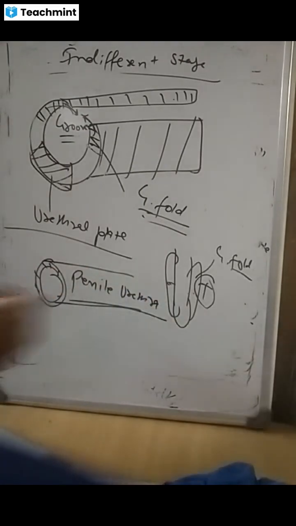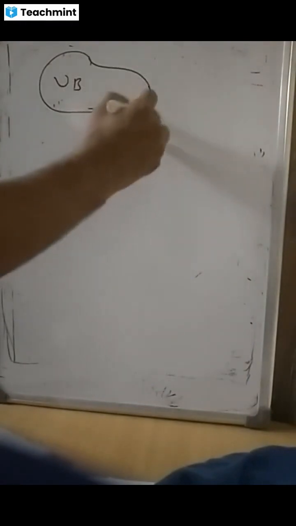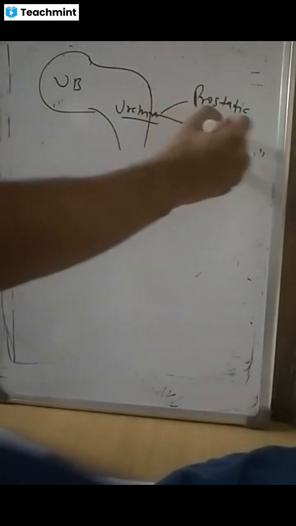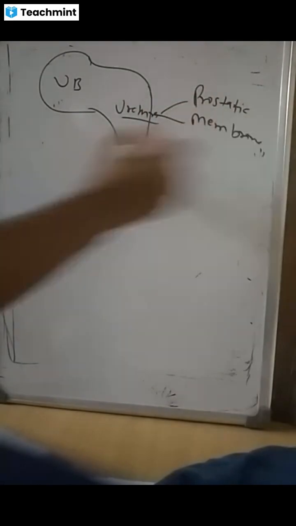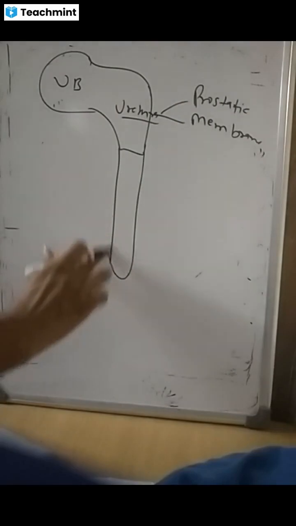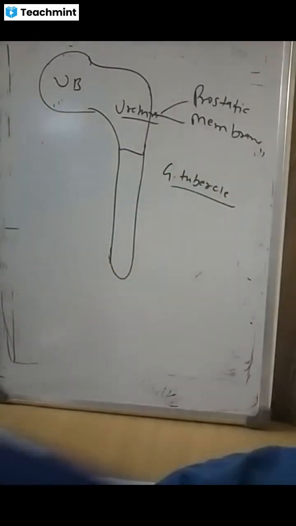Normally, this is your urinary bladder. Some urethra part, which urethra? The prostatic and membranous urethra. And what is this tube-like structure? This is from the genital tubercle.